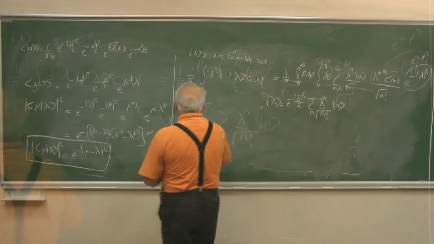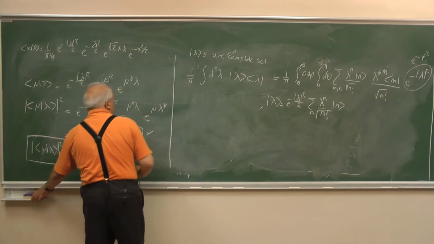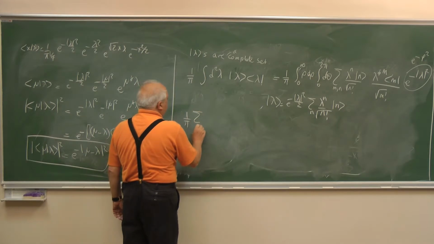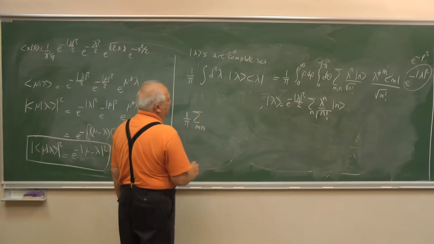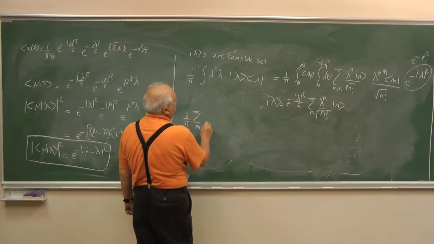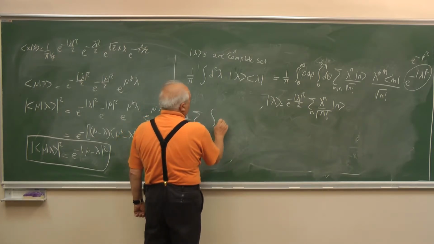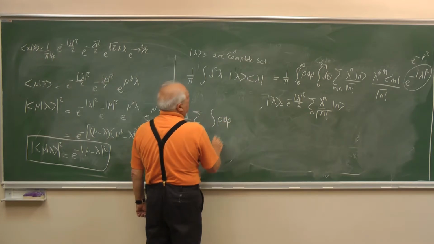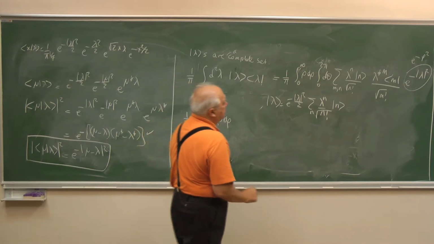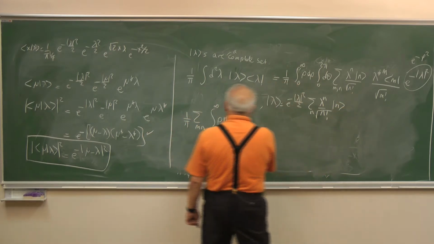So this is equal to 1 over pi sum over m and n, rho d rho from 0 to infinity. Let's put e to the minus rho square.